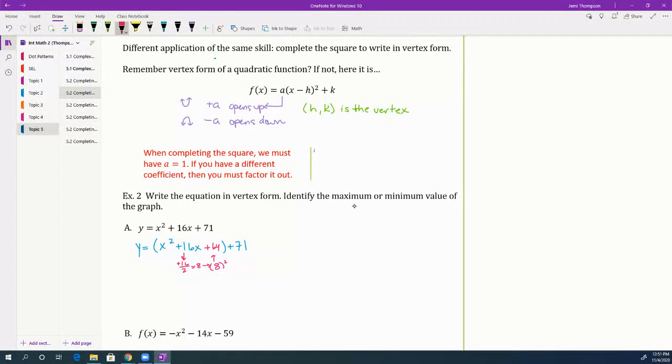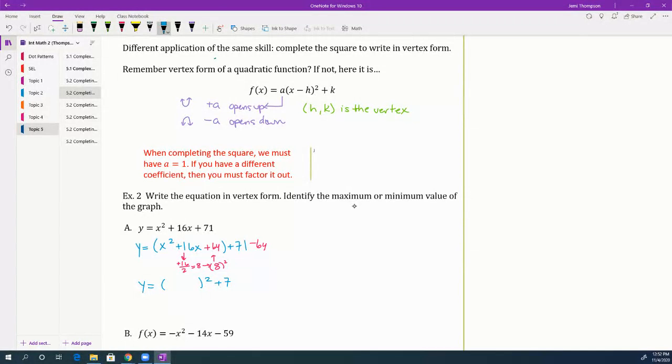If I add 64 to one side of the equation, then I need to also subtract it. When I simplify the right-hand side outside the parentheses, I get 7.